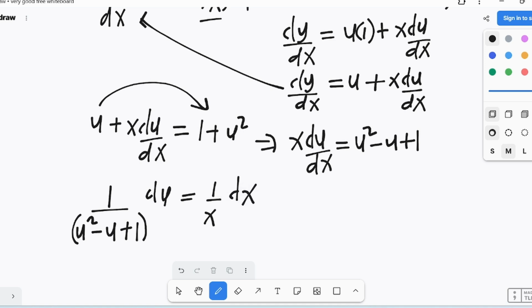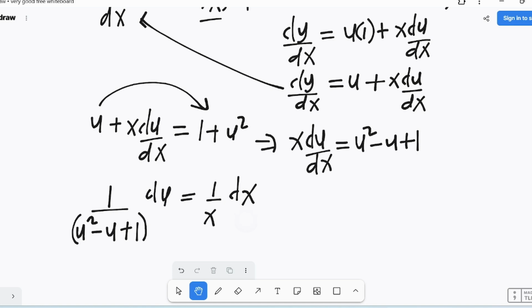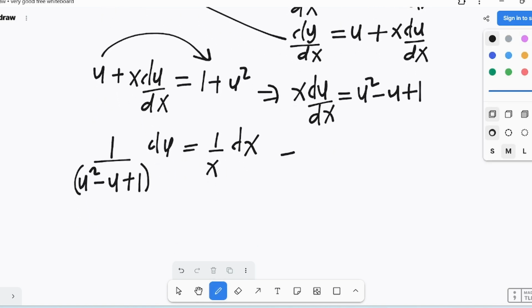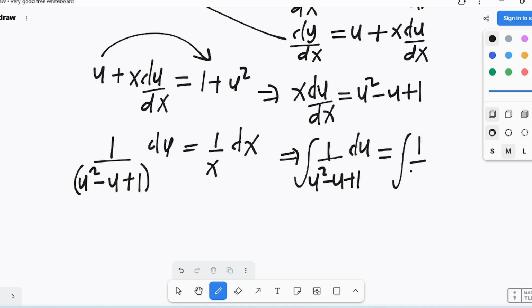So we have separated variables. So we can even go further now. The next step is to begin integrating. So if we begin to integrate, we shall have the integral of 1 out of u squared minus u plus 1 du is equal to the integral of 1 out of x dx.